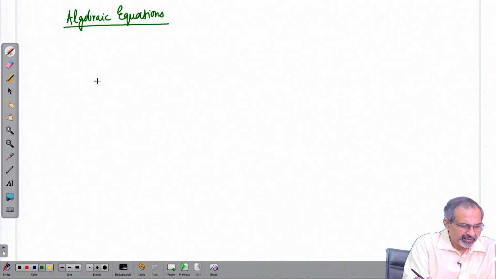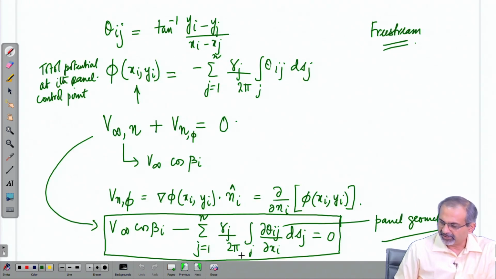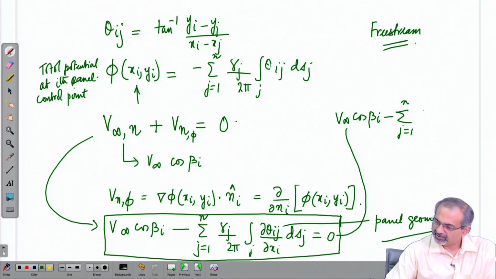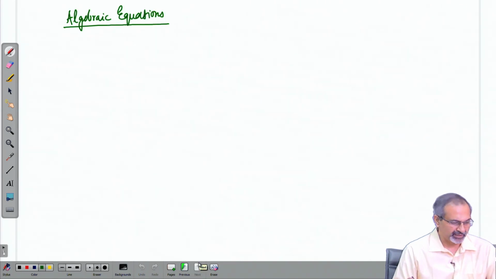So, let us say the equation that we just wrote in the previous page, let us simplify it slightly and write it in this form: V infinity cos beta I minus sum over j equal to 1 to n, and we will make a simplification here. We will just represent that integral in the form of J I j. So, that will make our lives slightly easier when we write down the algebraic forms.